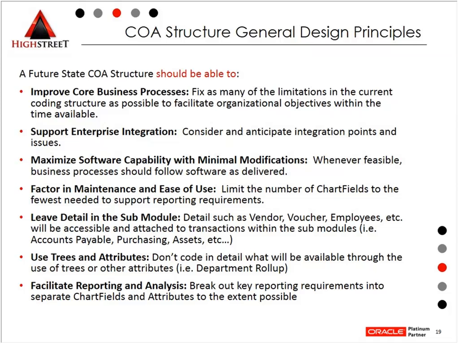Now, when it comes to use of trees and attributes, you want to, again, get an understanding of PeopleSoft functionality. Attributes can be additional reporting details that are very important and helpful that you can add to your chart field values. So, for example, a department manager can be associated with a department. Some organizations find that burden of maintenance to be too much.